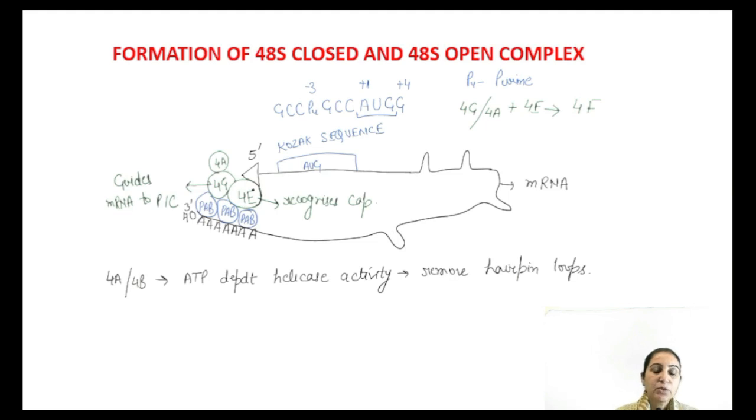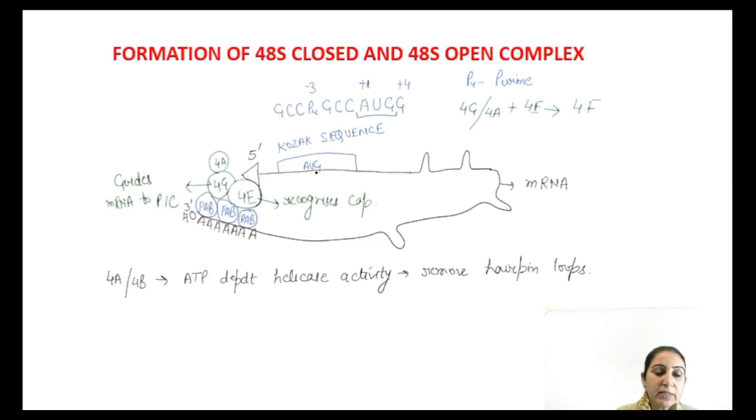So mRNA in eukaryotic cells gets bound to 4E, which makes it fold upon itself, 4G which guides it to the pre-initiation complex, and 4A which uses energy and removes the hairpin loops. So this is the structure which gets bound to the pre-initiation complex.